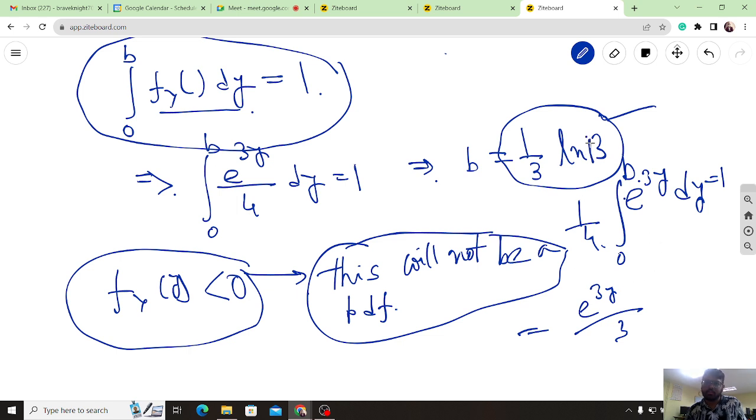Yeah, that's what I was getting, ln of 13. Because 12 plus 1, minus 1 from the left hand side moves here. So it will be ln of 13. Okay, thank you.